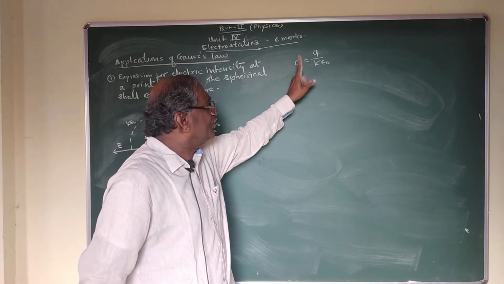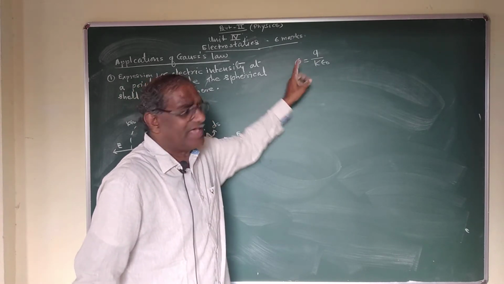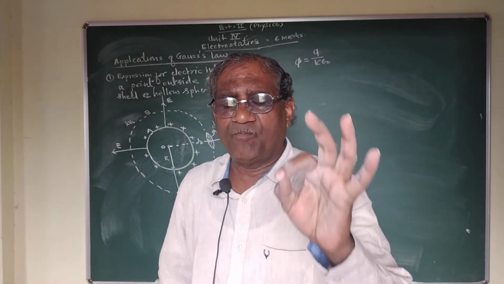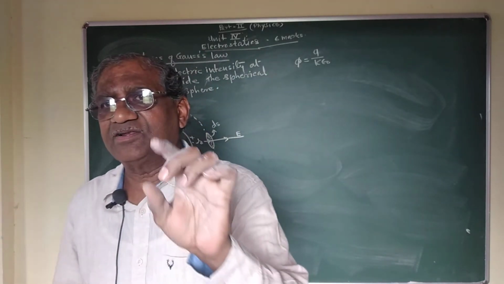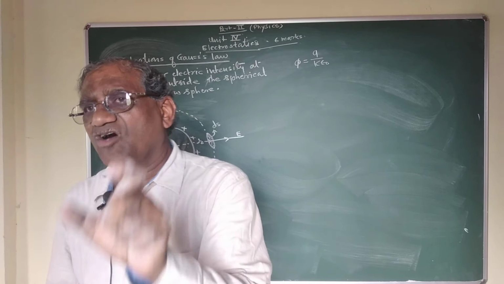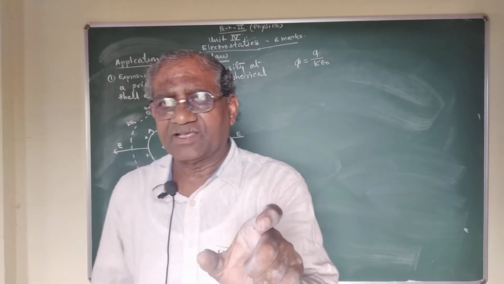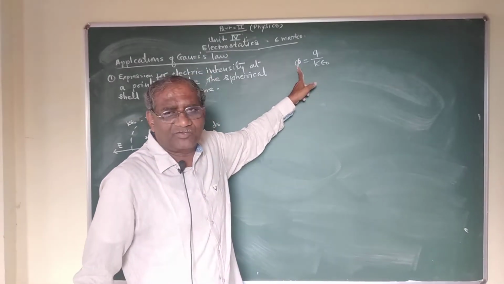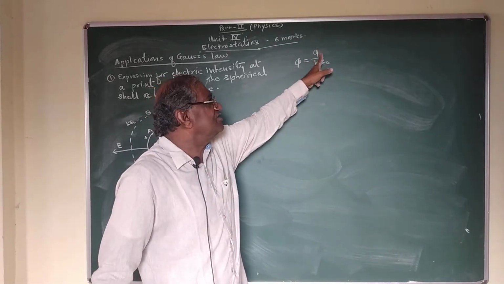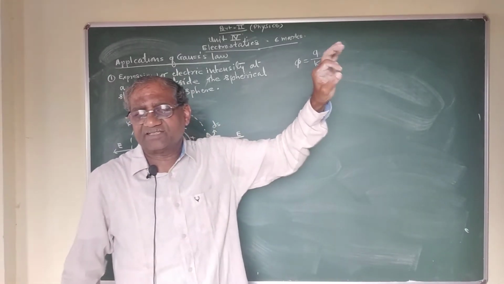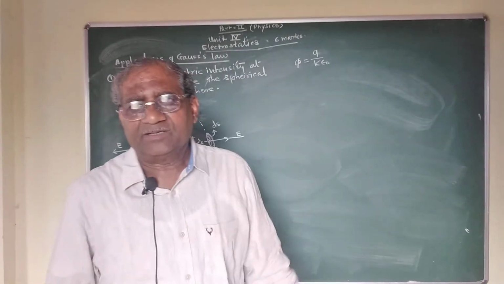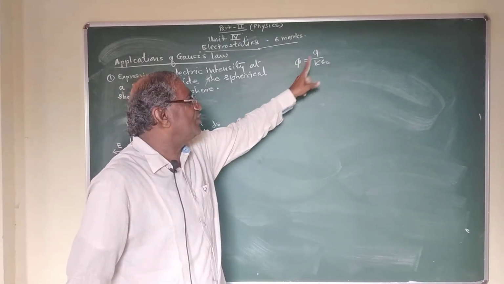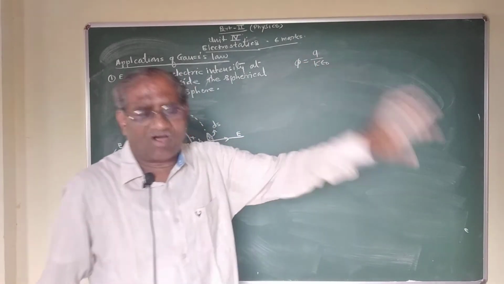If we have to use Gauss law, we must find the value of phi, and by the definition of electric flux we can find the value of phi, which depends upon electric intensity and area of the Gaussian surface. Clear? We have to find the electric flux, and later find how much total charge is inside the Gaussian surface. The next point is phi is equal to q upon k epsilon 0, that is Gauss law.